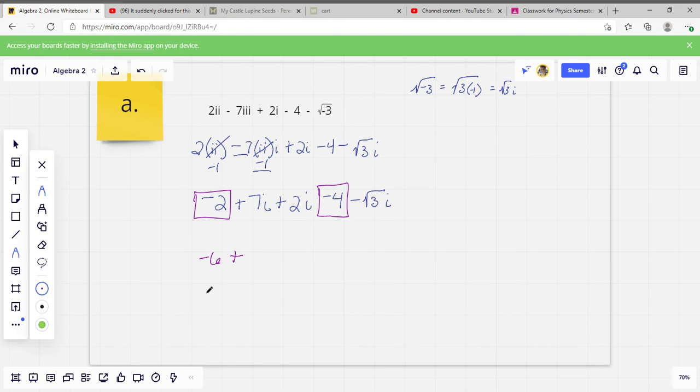Plus, then our imaginary part, which is going to be 7i and 2i, which will be 9. So we're going to say 9 minus the square root of 3 times i.